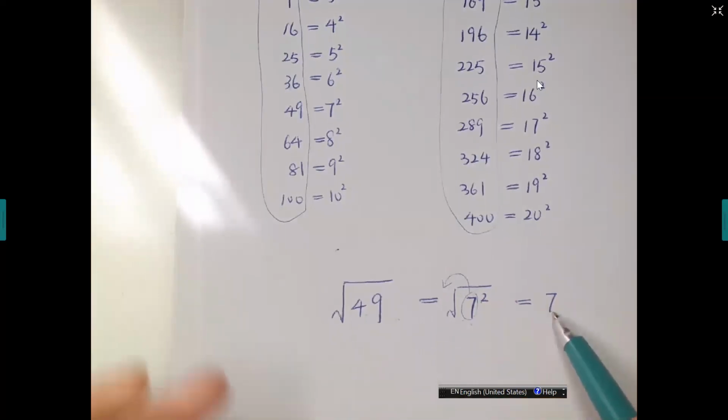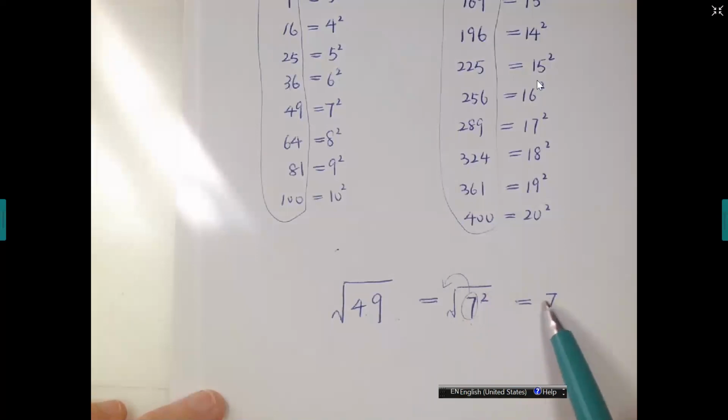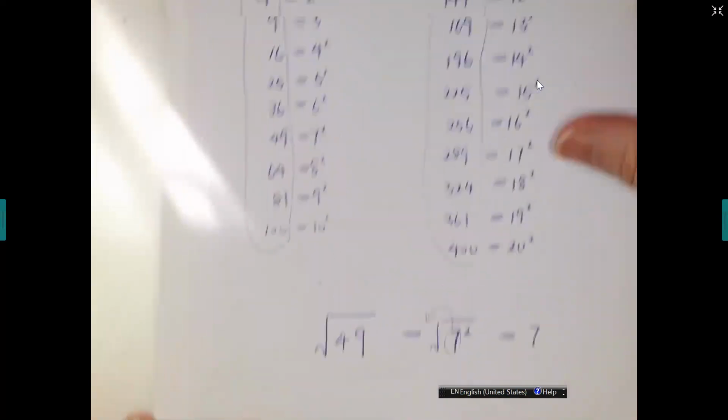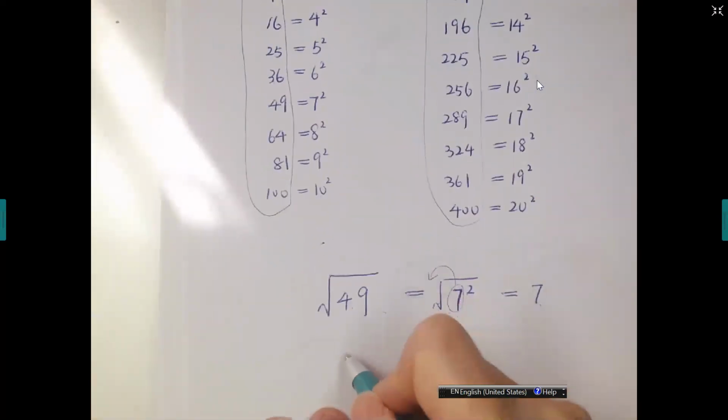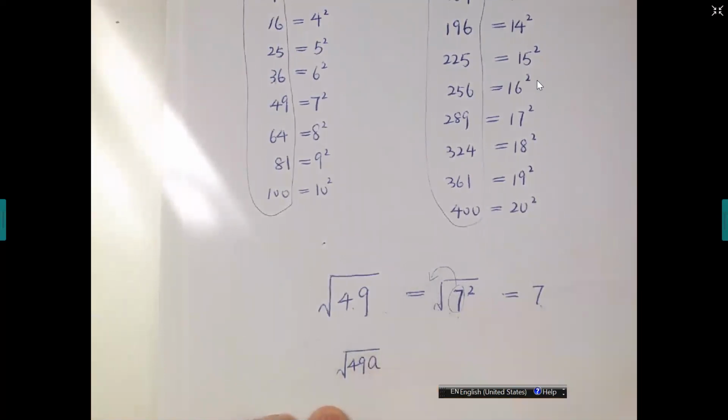But I prefer you remember any number within the radical symbol, if it has a power 2, it can be moved out of the radical symbol here. Okay, so this is the one here. If I have this expression within the radicand, I not only have a number 49, I have another letter with it, 49 times a.